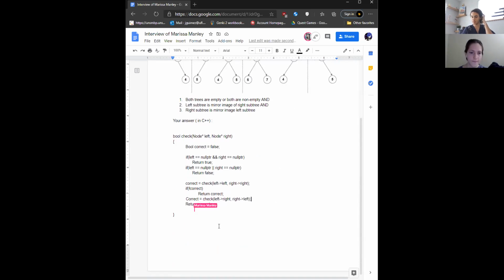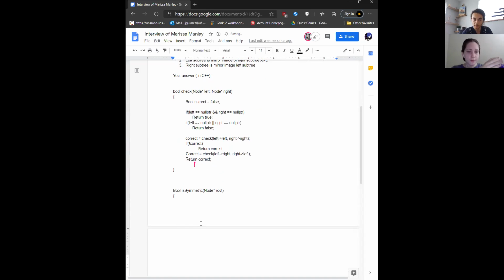Another way to write it, which I'd love to see, would be simply if you did a starting symmetric method, a starting recursive method that returns a bool and takes in the node pointer of the root, which would simply call check symmetry for your root using root left and root right.